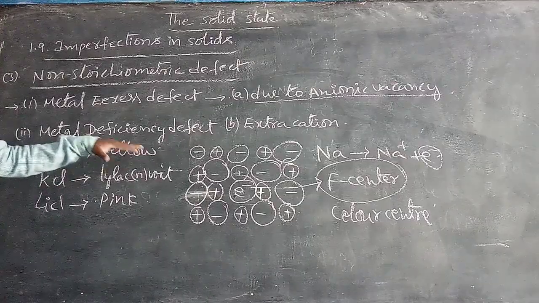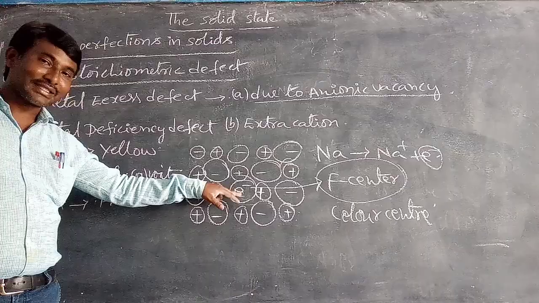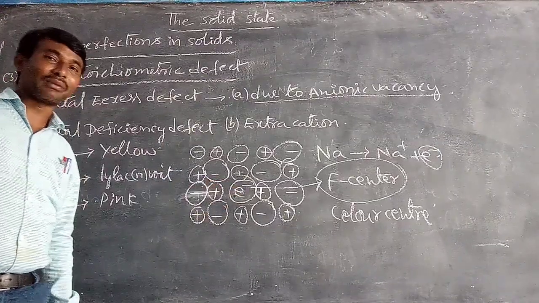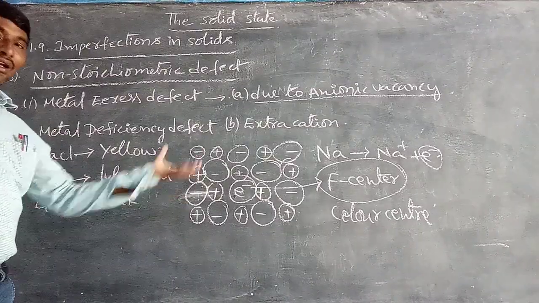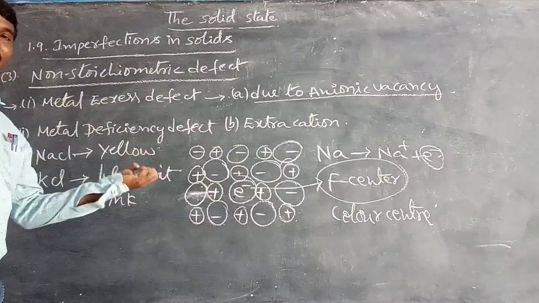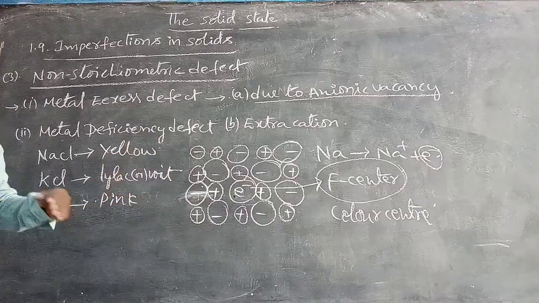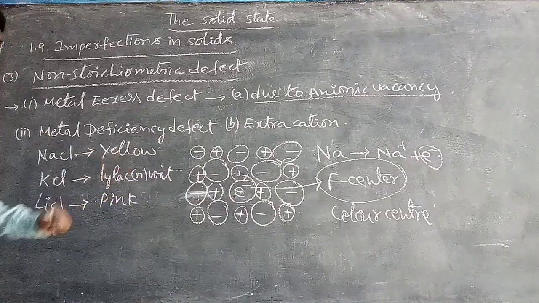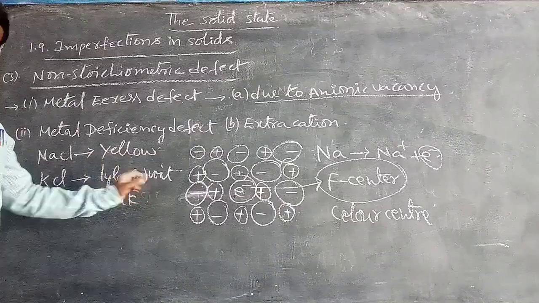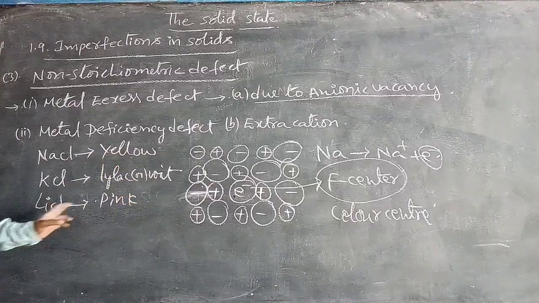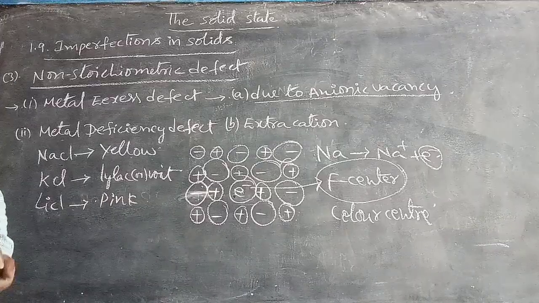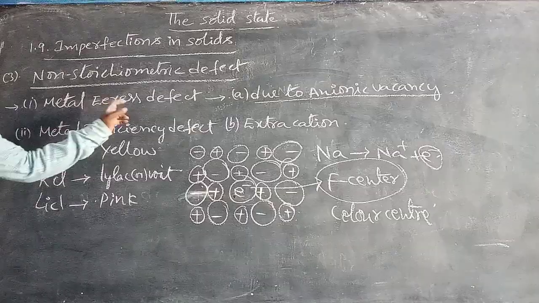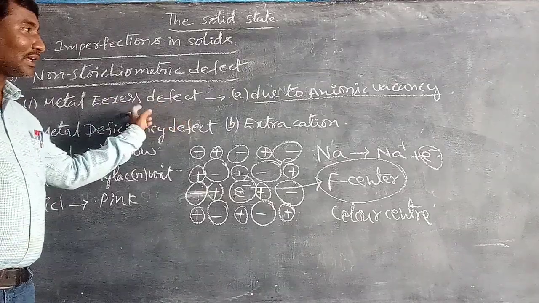Why? Because the electron occupying the anionic sites absorbs radiation of light, which gives the characteristic color. This is the metal excess defect.